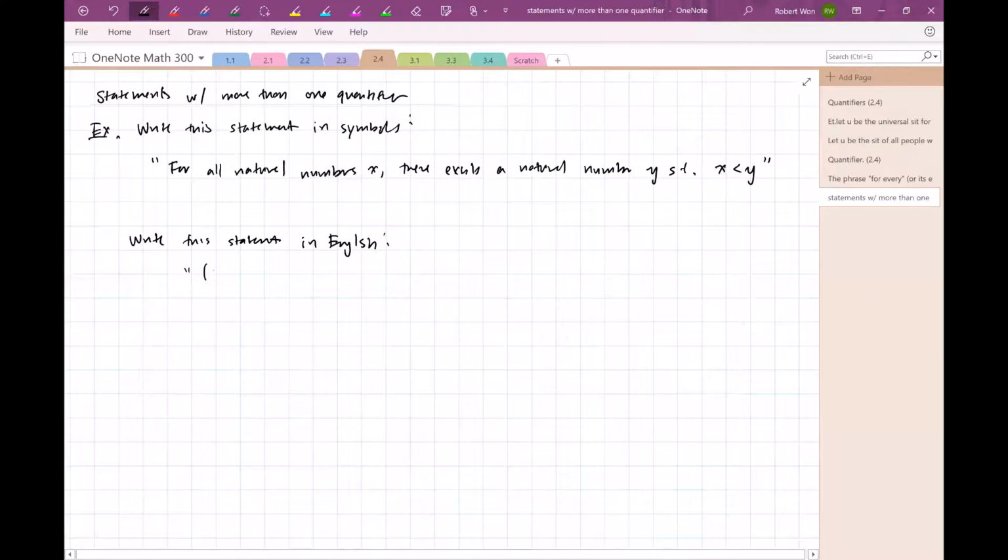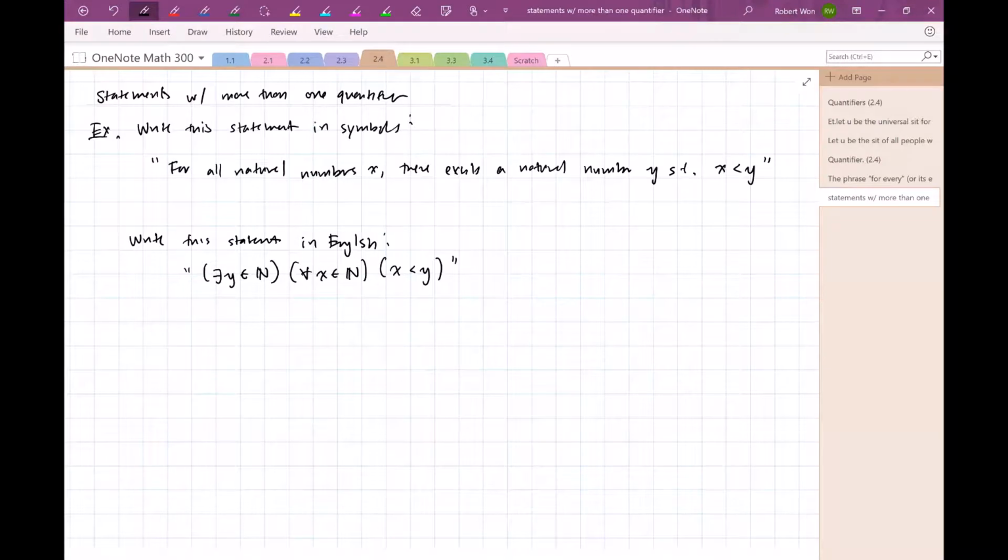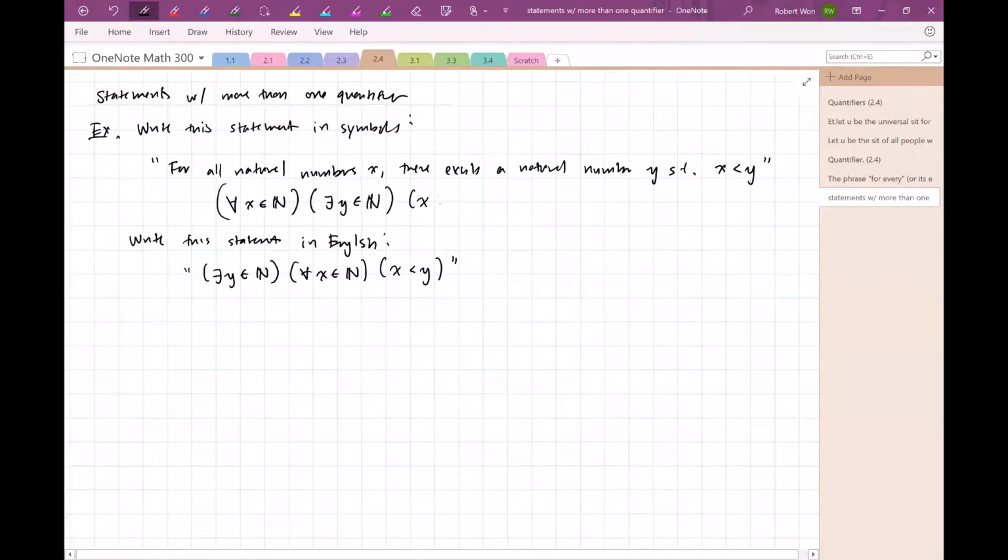Here's a statement. There exists y in N for all x in N, x is less than y. Okay. So hopefully you paused the video and did this. So this first statement is for all natural numbers x, so for all x in N, there exists a natural number y such that x is less than y.